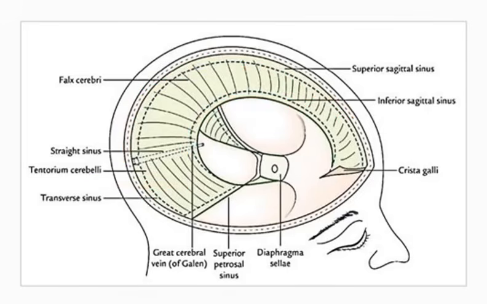Now, apart from the parts of the dura mater themselves, you could be asked to identify a structure associated with it. For example, the superiormost part of the falx cerebri is associated with the superior sagittal sinus, while the inferiormost part of this tentorium cerebelli is associated with the superior petrosal sinus.